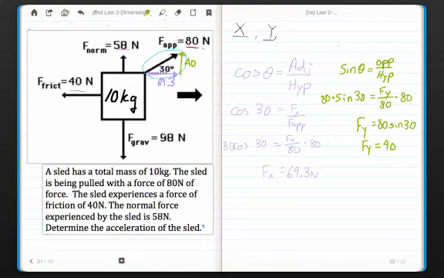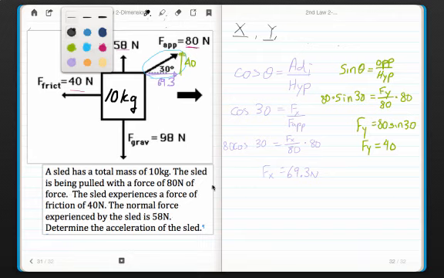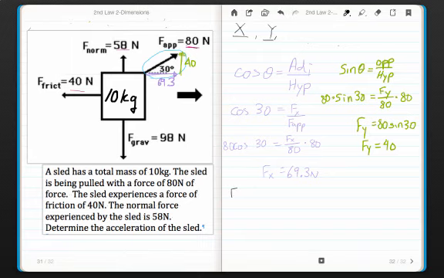And what you want to do now is create an fx net. I'll do that right down here. fx net just means that we are going to add up all of the x forces. Here we have the force of friction being 40, but because it's going to the left, it's going to be negative 40.